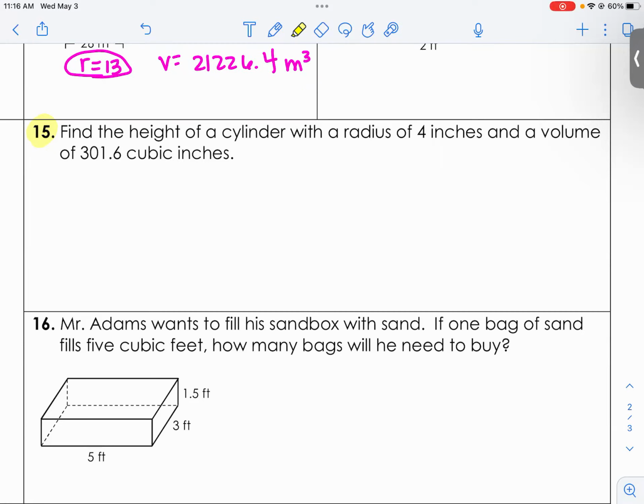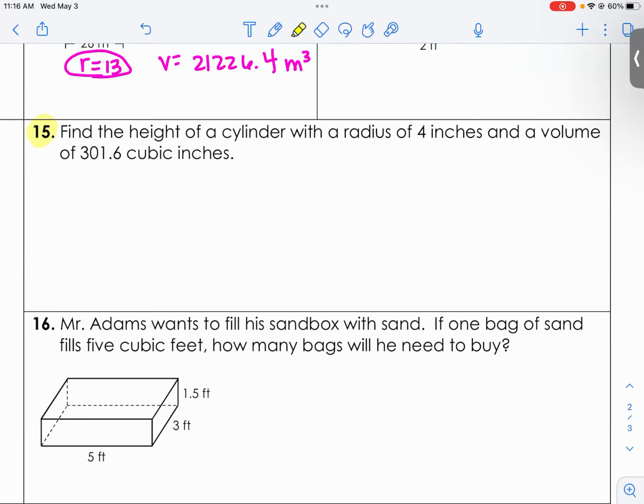Is anybody getting a number less than 10? Okay, 7.5. Yes. I got 42. I don't understand. 6 is right. 6 is right. That's how I figured out the other one.